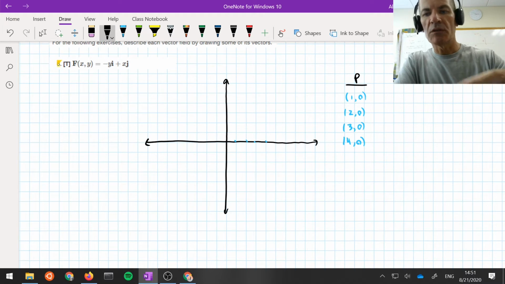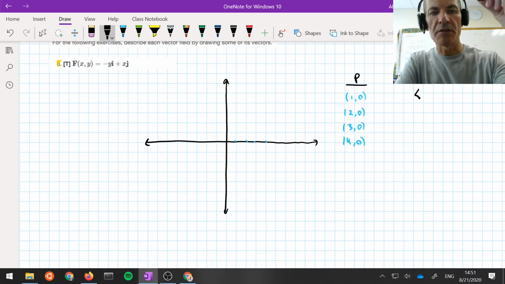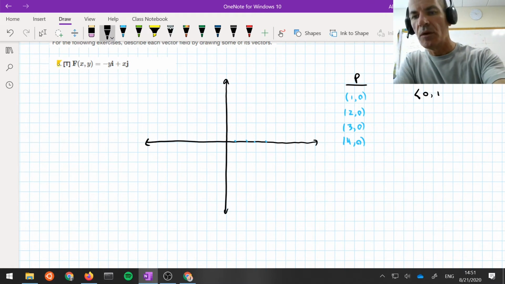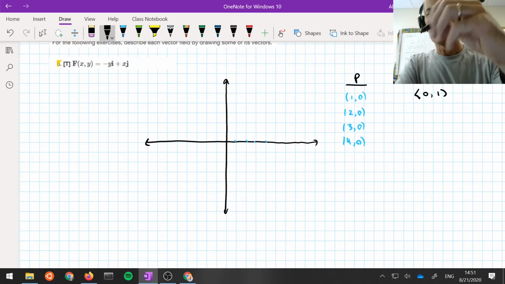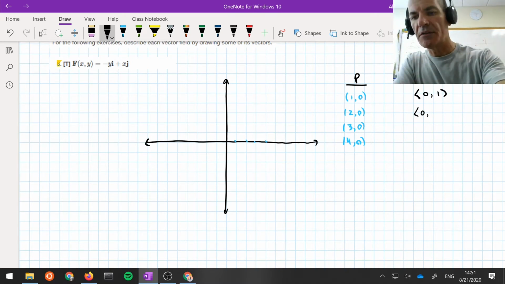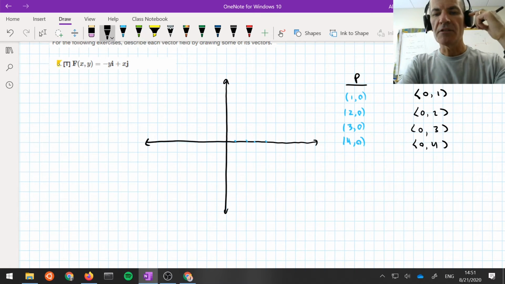So the resulting vector is 0, 1. Okay, the next vector, we can see a pattern here: 0, 2, 0, 3, and 0, 4, like that. All right, let's sketch these things.